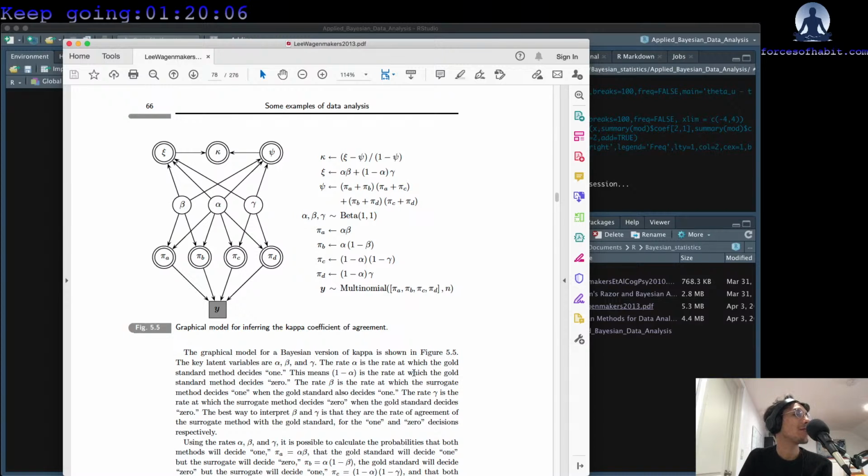They call it surrogate or gold standard, so whatever your baseline measure person is, whether they chose 1 or 0. The double circle means that the parameter is deterministic, meaning that it can be estimated from all the information that we gather from the latent variables. So these 2 are estimated from a combination of these 3, and from these 2 we can calculate kappa. How we do that is here.